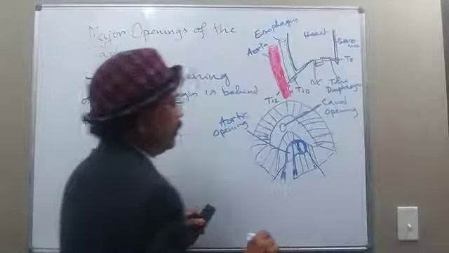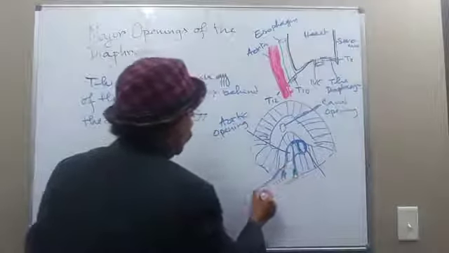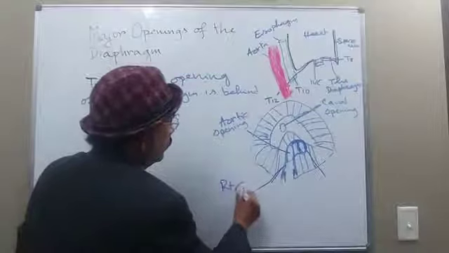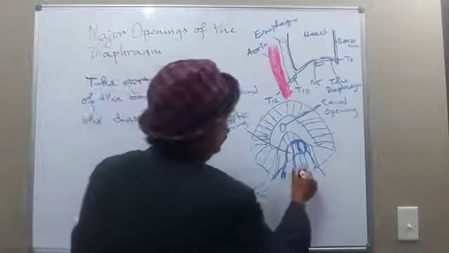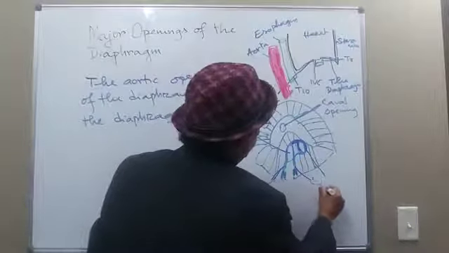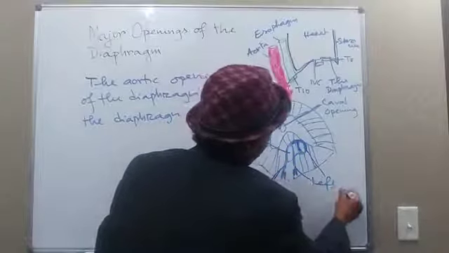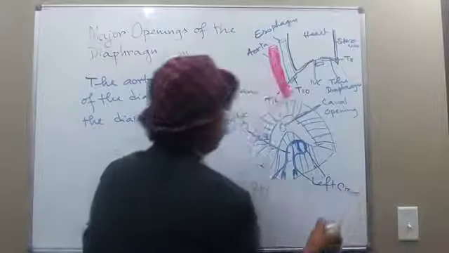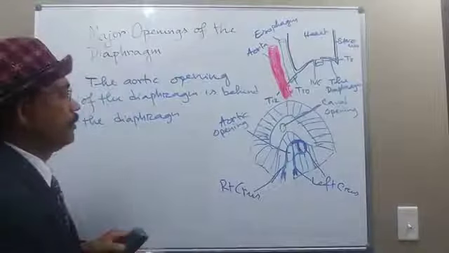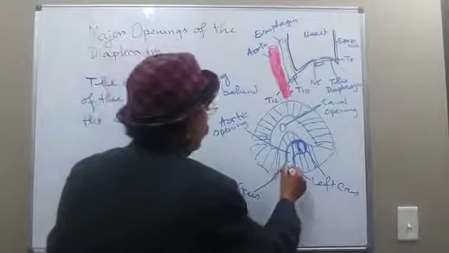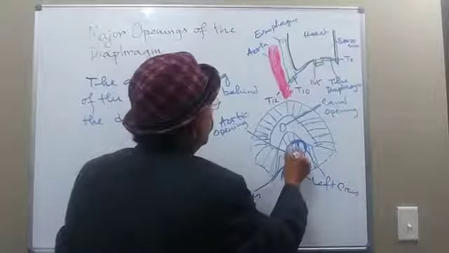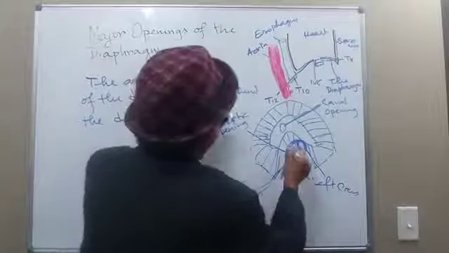And we have the right crus here. Here is the left crus. These two crura are connected by the median arcuate ligament here.